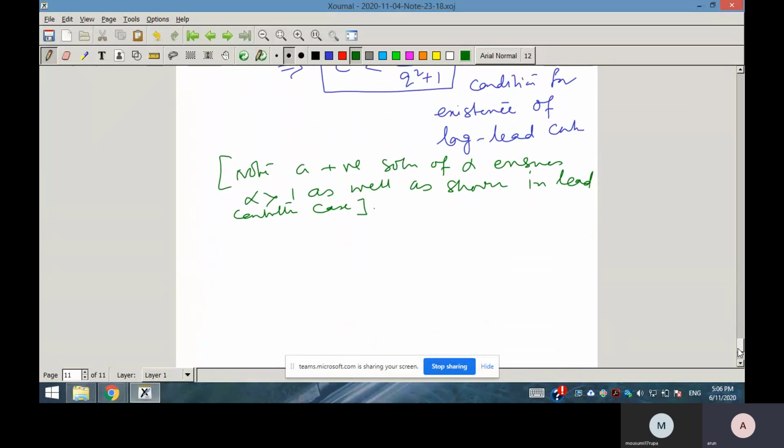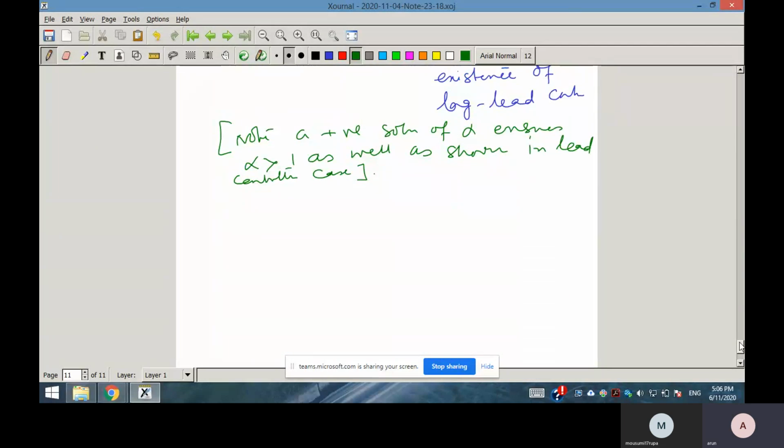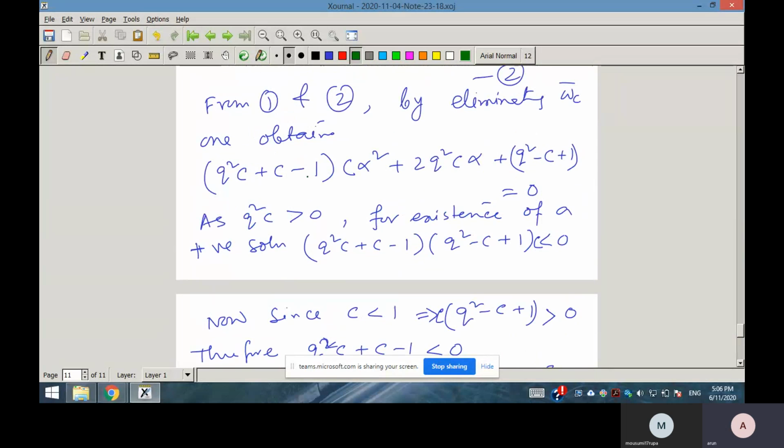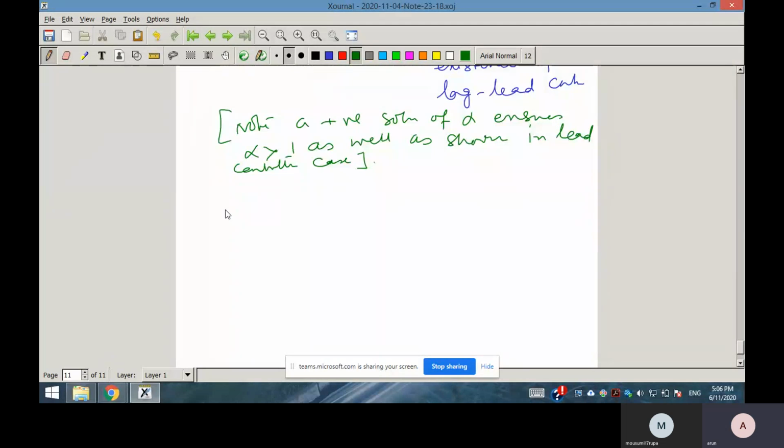Okay, so now suppose you have got the alpha solution from this one. Then what will be your a? So once alpha is obtained, then a will be what?